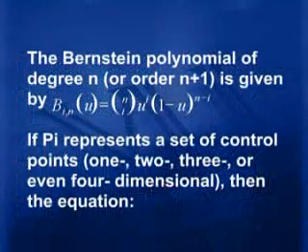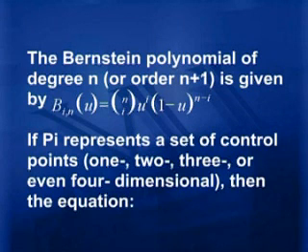When u is 0, we will be starting with the first of the control points, which is actually interpolated, and when we end at u equaling 1, we'll be ending with the last of the control points, which is again actually interpolated, and all the points in between only approximate the shape of the curve. The Bernstein polynomial of degree n, or order n plus 1, is given by the expression b i comma n of u equals n choose i times u raised to power i times 1 minus u raised to power n minus i.